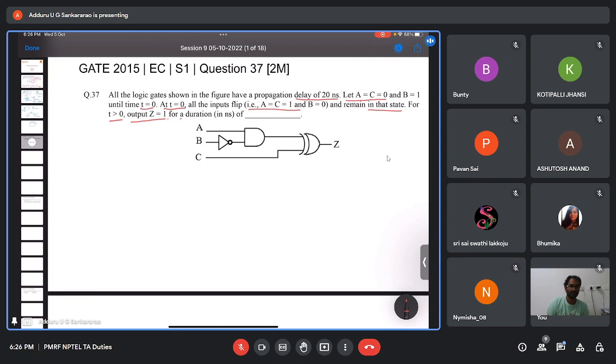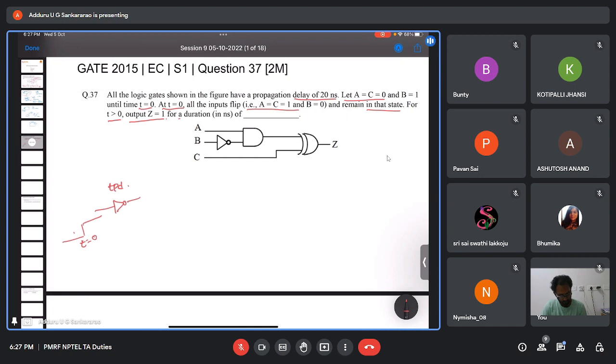Generally we assume the gates are ideal and solve the problems, but here they have given the gates some propagation delay. You know the propagation delay: suppose we have a gate, let us say a NOT gate, with some propagation delay. Let us say we give an input at t equal to 0 changing from 0 to 1.